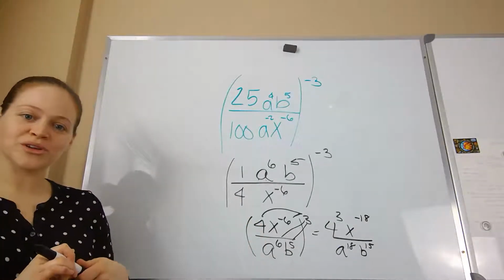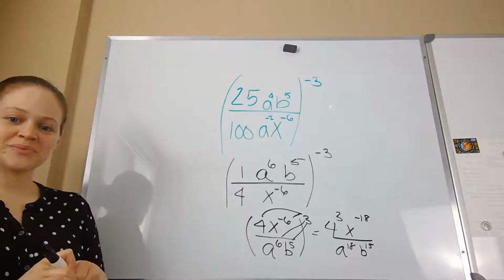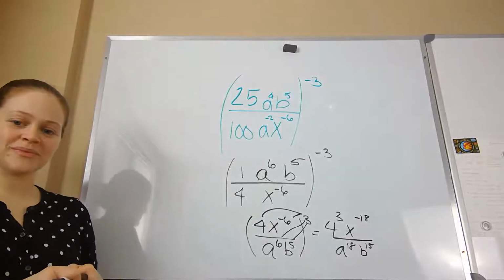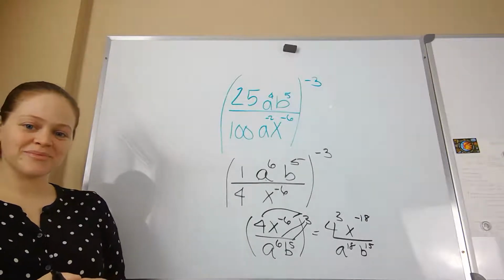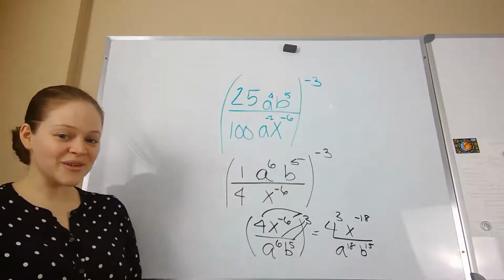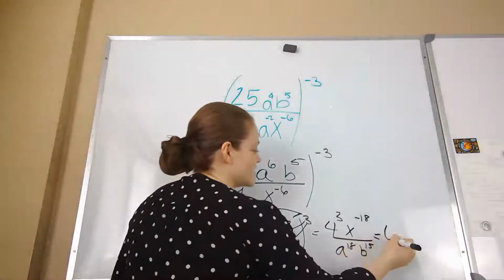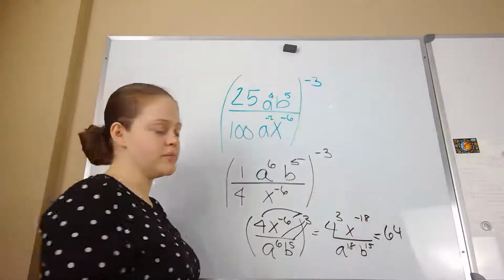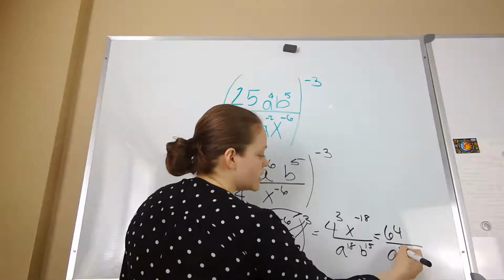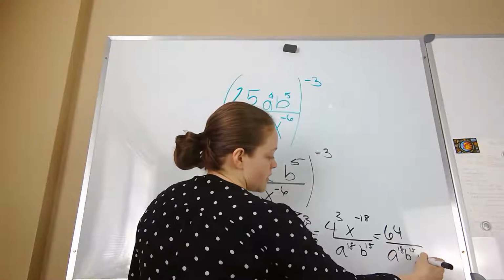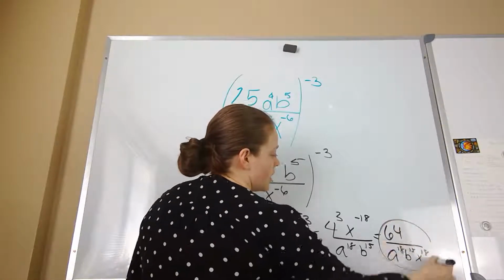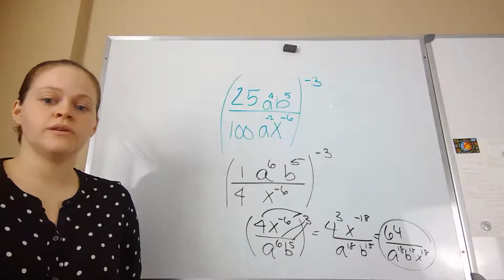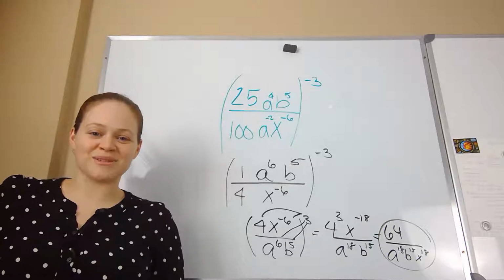Does anybody know what 4 cubed is? 64. You'll notice that this still has a negative exponent, so we take it downstairs because we take the reciprocal. So we have a to the 18, b to the 15 over 64 x to the 18, and that should be your answer. I'm going to leave that up there for a second. Yeah, 64. Good job, Brody.